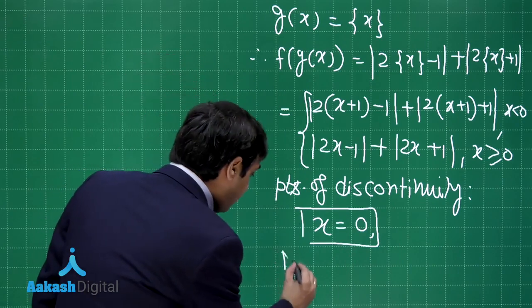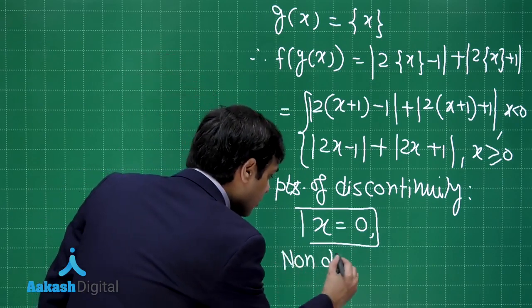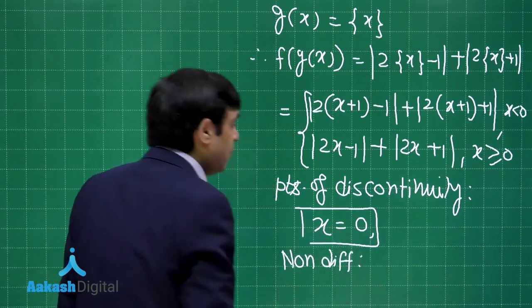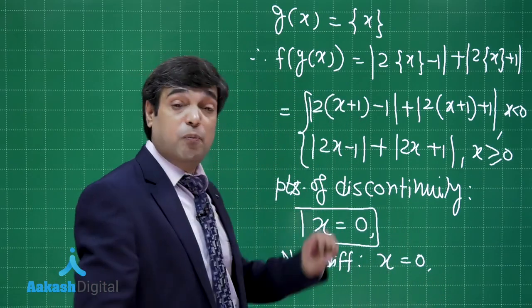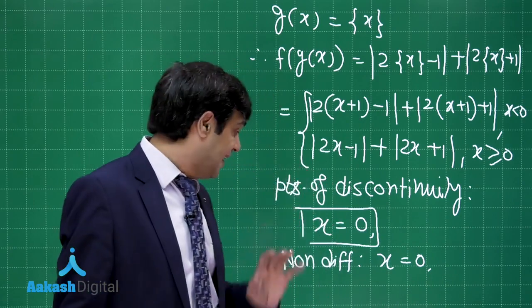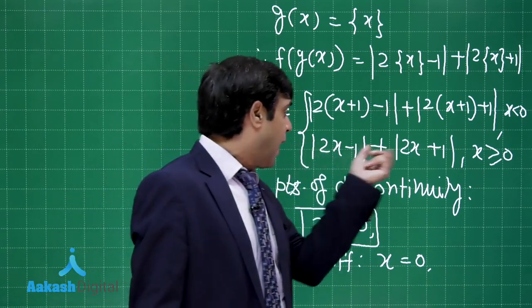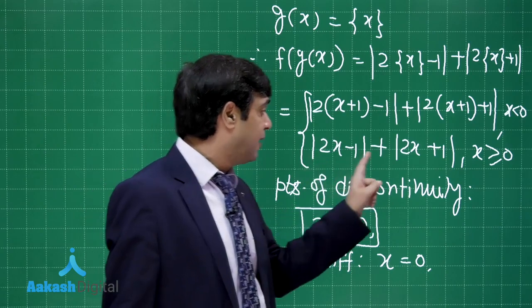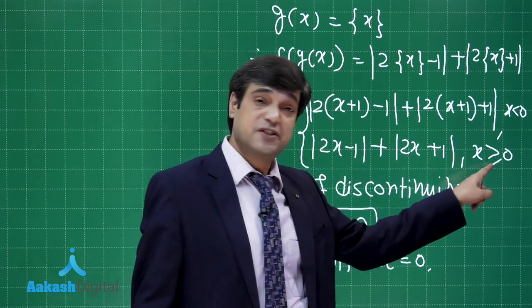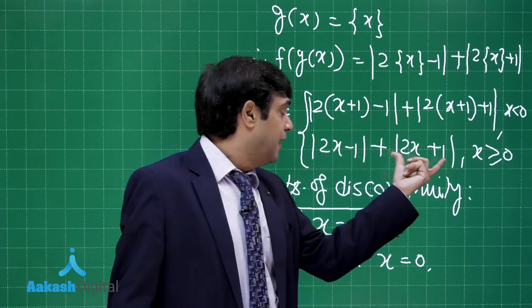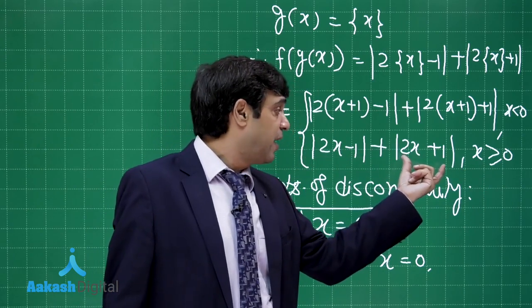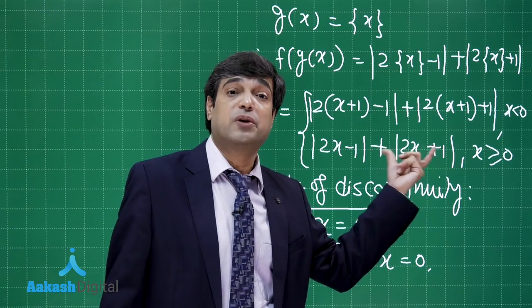Now, non-differentiability. We can see, so x equals 0. Now, the next point of non-differentiability. It looks like half and minus half may be a possibility, but when you look at the interval x greater than 0, obviously this is going to make the difference. At this point, either less than minus half or greater than minus half, it is not going to give any difference.